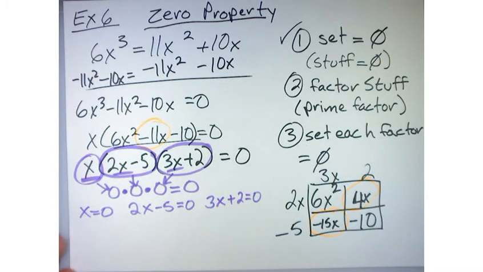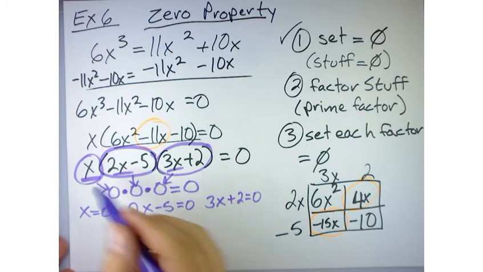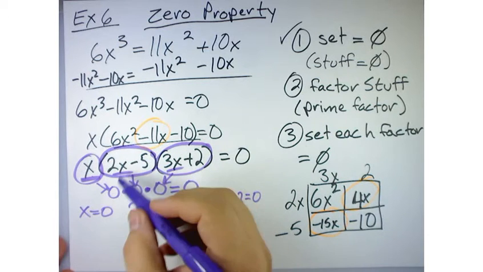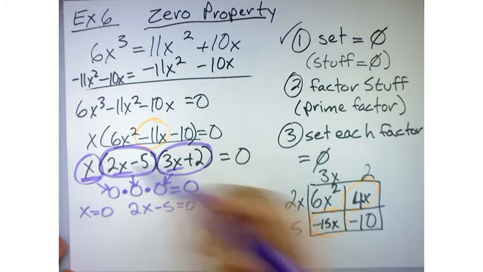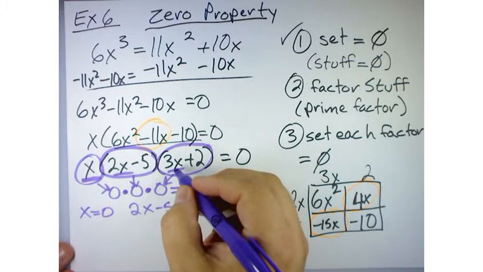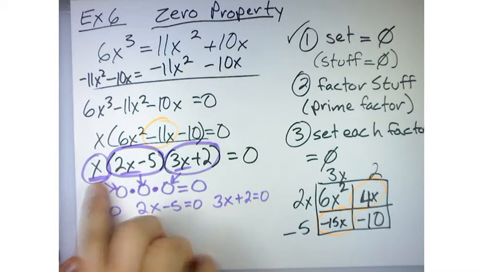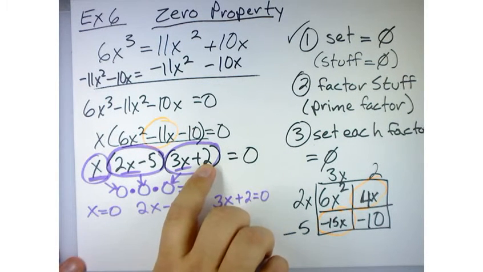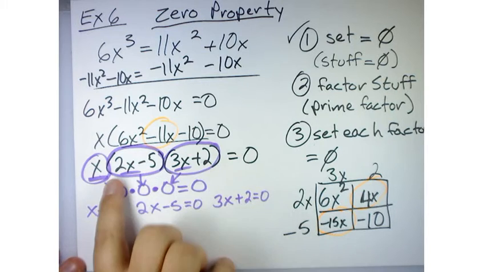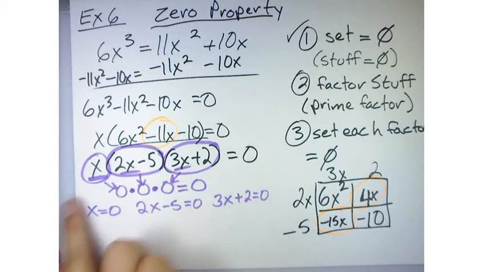Because if I can figure out what values for x will make this equal 0, then it'll be 0. In fact, if only one of these 3 is equal to 0, won't the whole thing equal 0? Yeah? Only one of these has to be equal to 0 to make the whole thing equal 0.